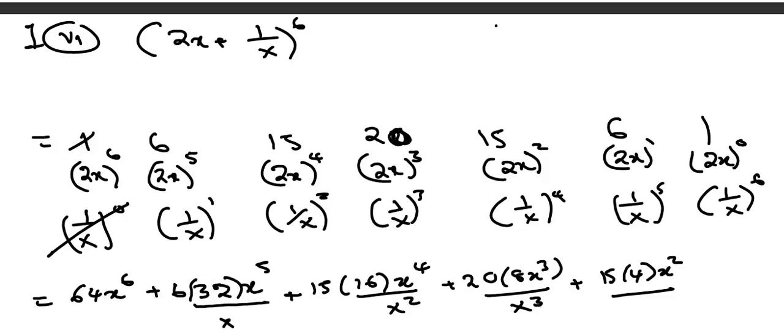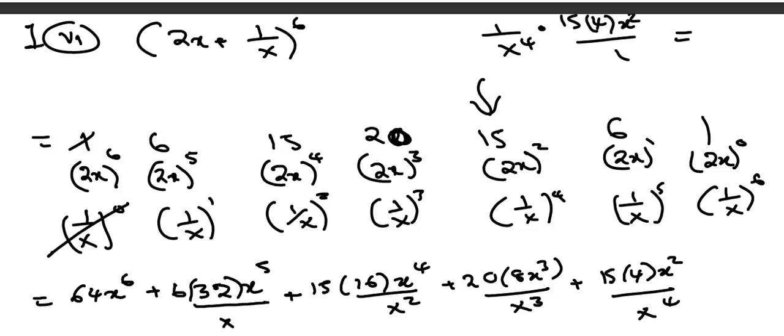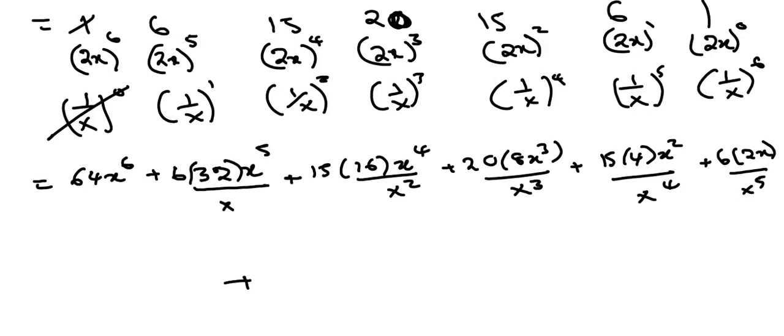This here is simply 1 over x to the power 4, so multiplying by 15, 4, and x to the power 2, that's the reason why it's simply going to be 15 times 4x to the power 2 over x to the power 4. That's what we get for this term here. Then we go to this other one here. That's going to be a 6, 2x, then there's an x to the power 5 there. Then the last term is simply 1 over x to the power 6.